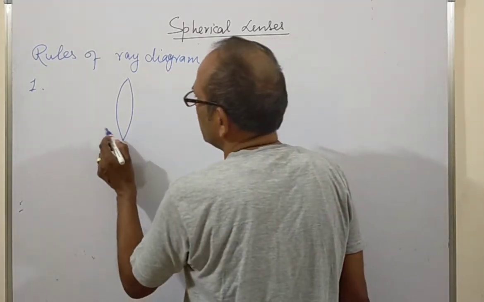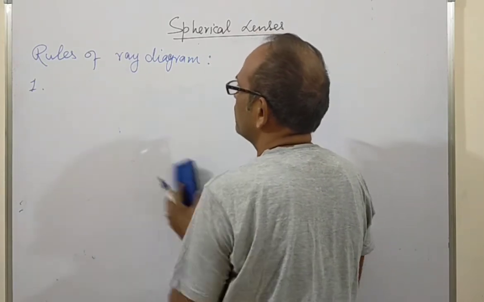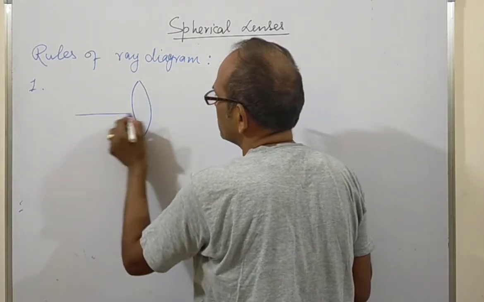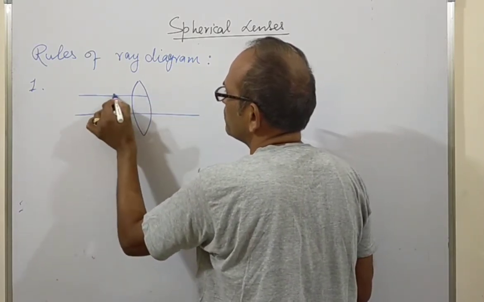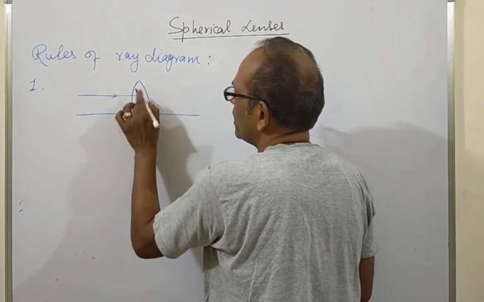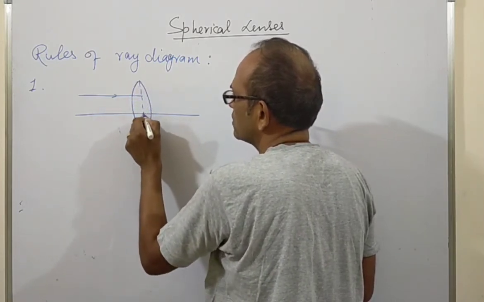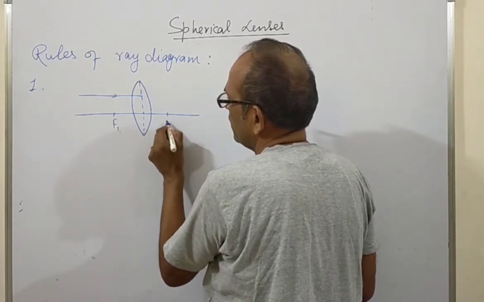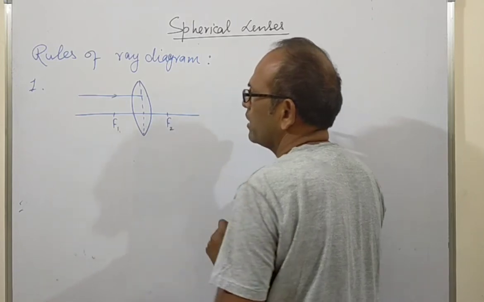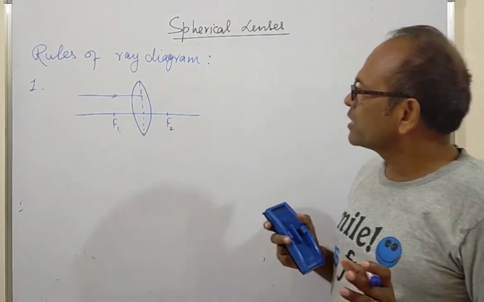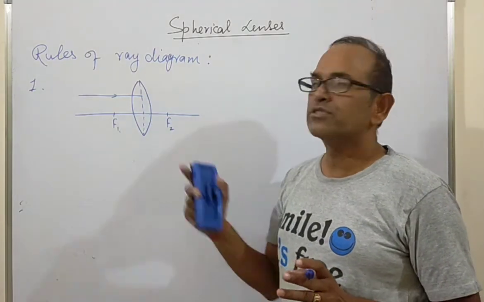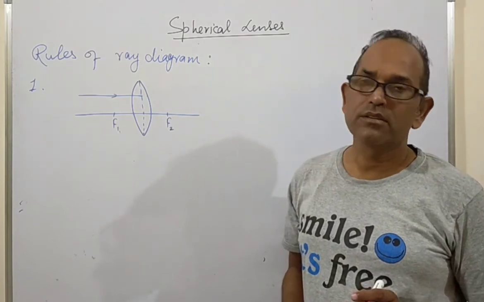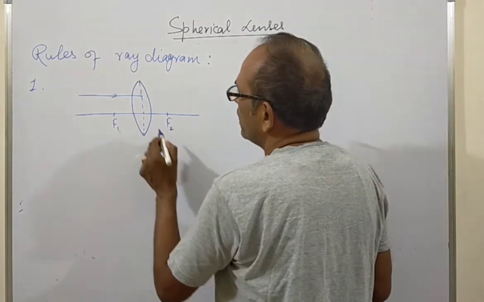So first, students, when a ray of light is incident parallel to the principal axis, then it passes through the focus. It passes through the focus, so F1 this side and F2 this side. One thing I would like to make clear is that since it has two curved surfaces, it will have two centers of curvature, C1 and C2. Right, students?